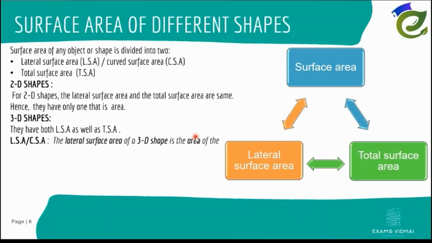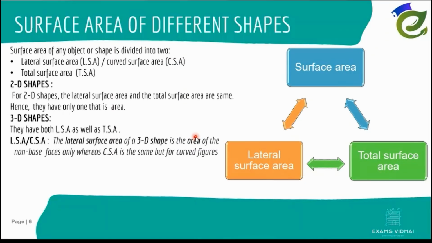The lateral surface area of a 3D shape is the area of the non-base faces, whereas CSA is the same, but for curved surfaces like cylinder, sphere, hemisphere and cone, because they also have a curved area.